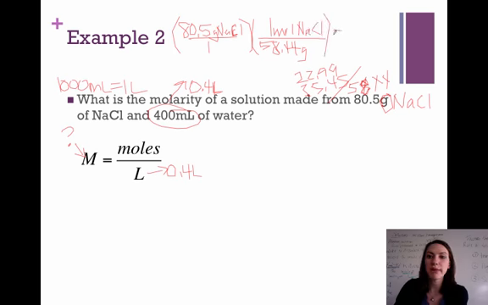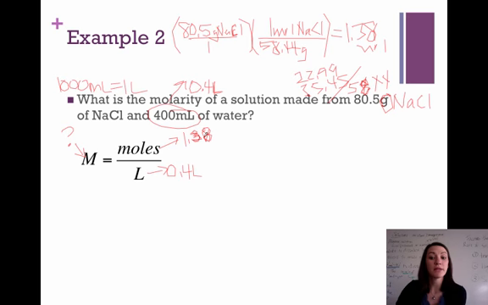Then I do that math out to get my number of moles. I should get 1.38 moles. Now I have my moles that I can put in there.